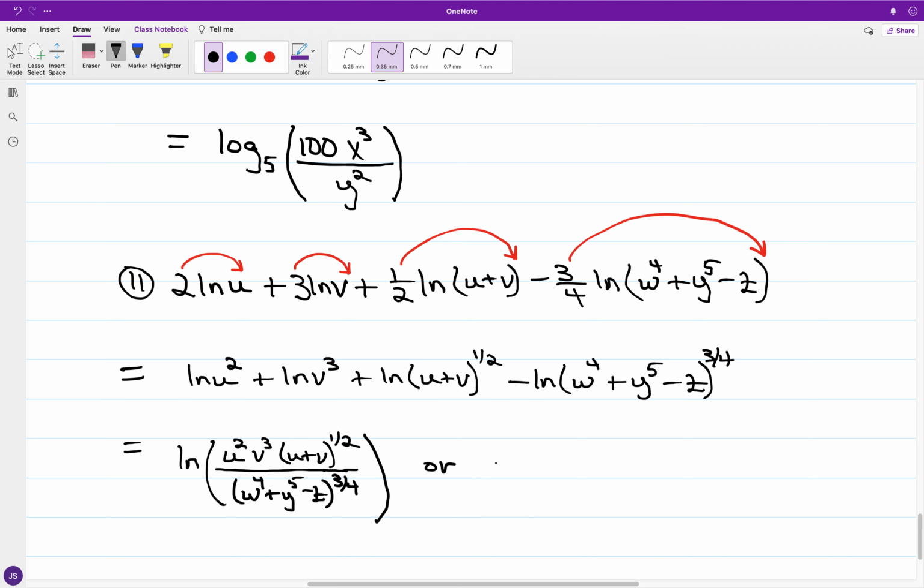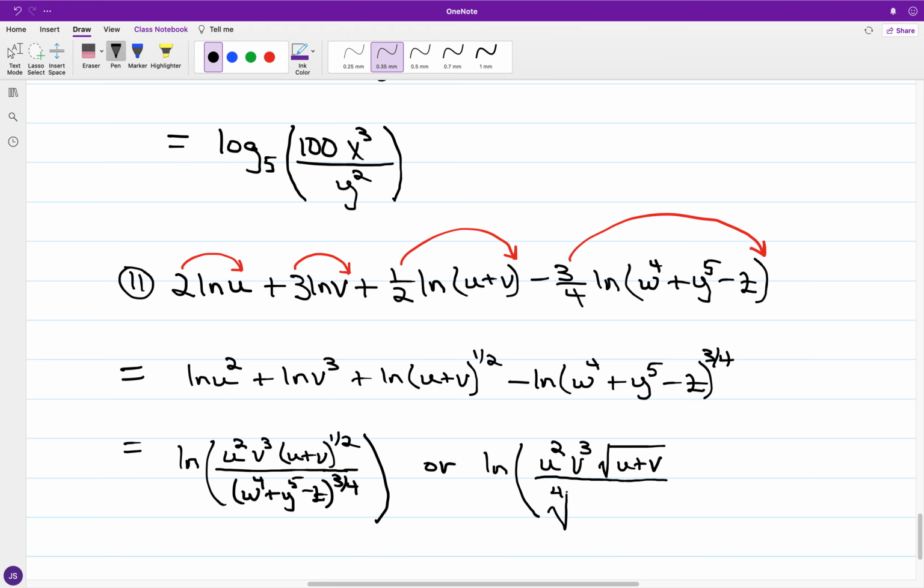And another way you could write this, where you have the non-integer exponents, is to express it as a radical. So this would be u squared, v to the 3rd, and u plus v to the 1/2, which is the square root of u plus v. And in the denominator, with the 3/4 exponent, the 4 is going to be the index number.